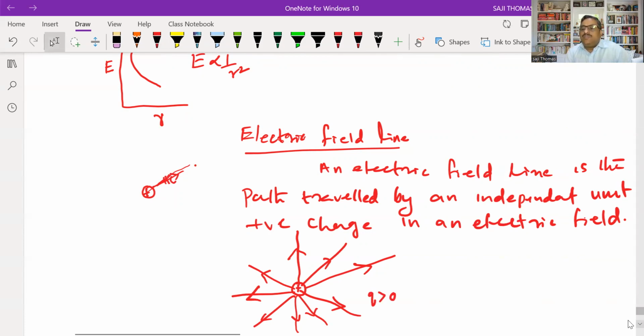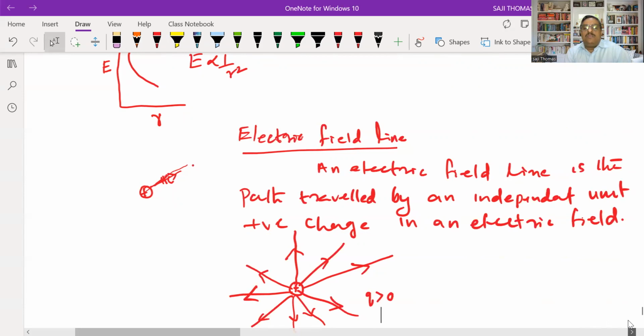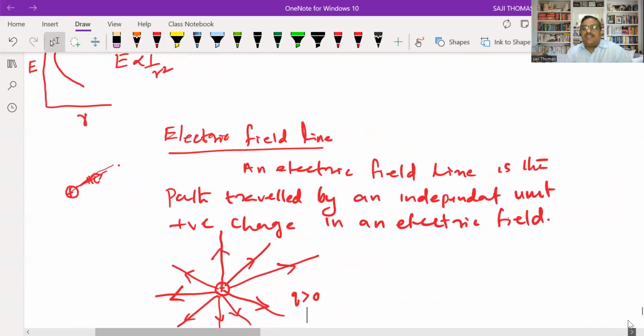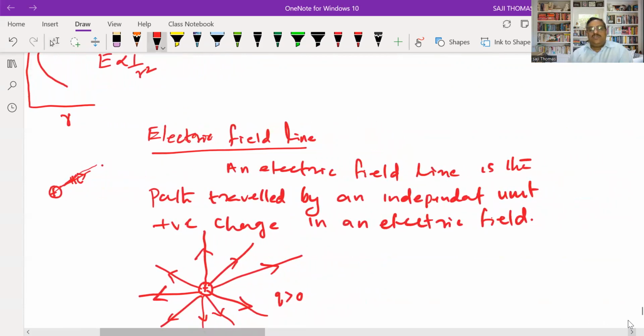Now, if it is an isolated negative charge, lines will be straight only, but the arrow mark should be toward the charge. So this is for an isolated positive charge. For an isolated negative charge, lines of force will be towards it.